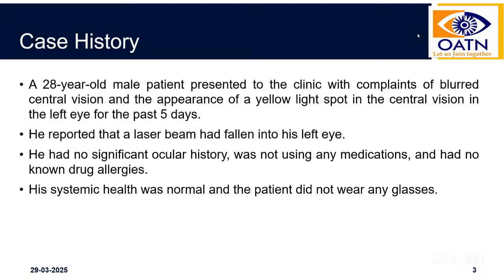A 28-year-old male patient presented to the clinic with complaints of blurred central vision and the appearance of a yellow light spot in the central vision of the left eye for the past 5 days. He reported that a laser beam had fallen into his left eye. He had no significant ocular history, was not using any medication, and had no known drug allergies. His systemic health was normal, and the patient did not wear any glasses.